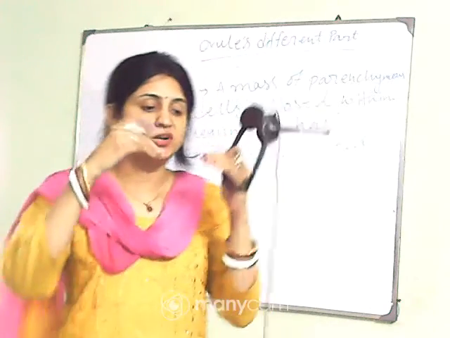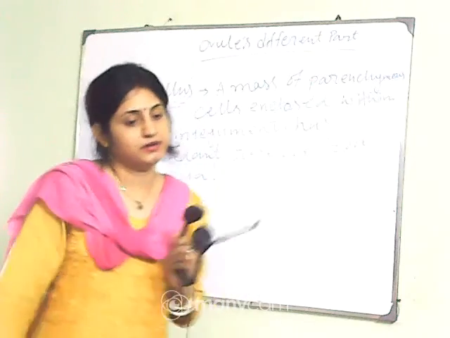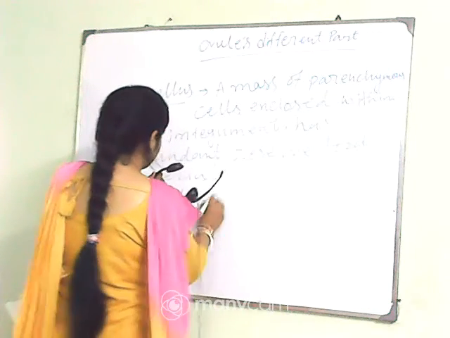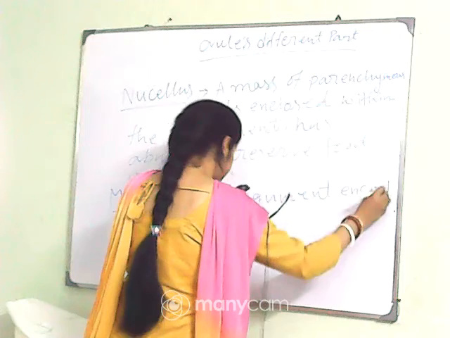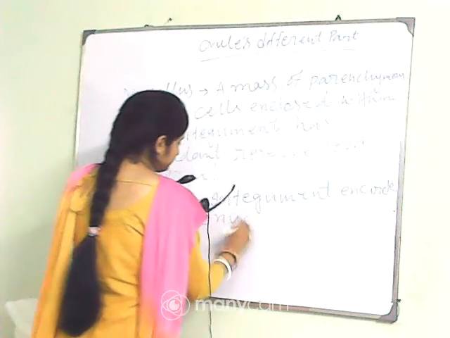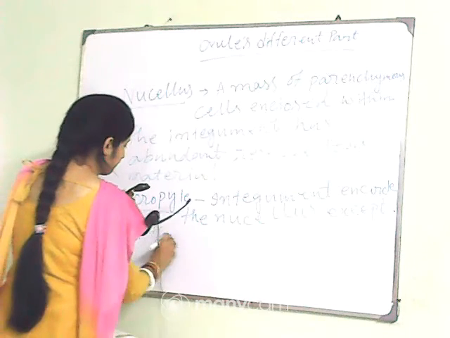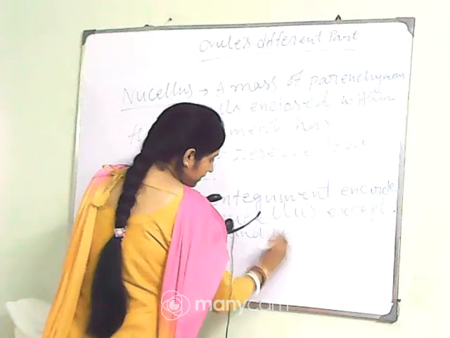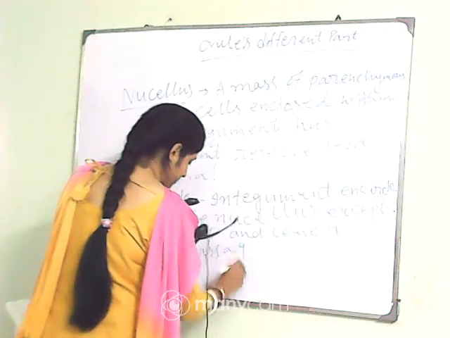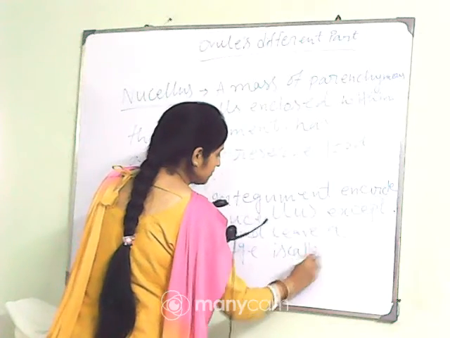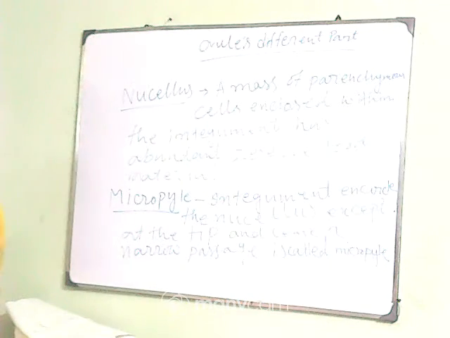You can see that the integument totally covers it, but a small portion at the tip is left open. This area is called the micropyle.